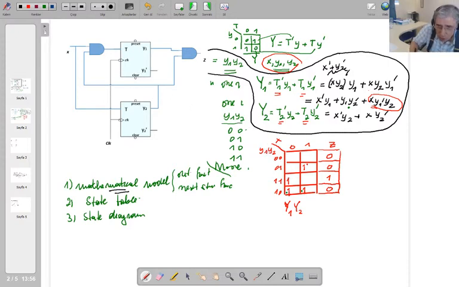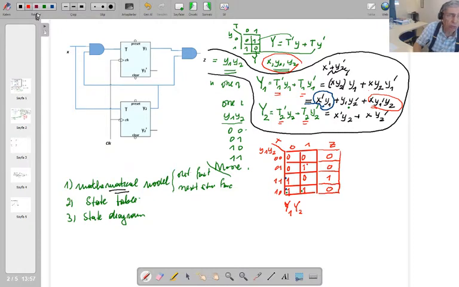So this one and this one both make this product term. So what about the other cells here? It's going to be 0. So I considered all the product terms, so all the other cells are going to have 0 value. So that is capital Y1 transferred to a kernel map.